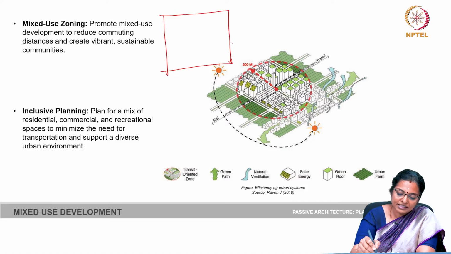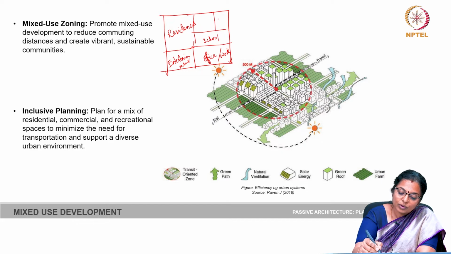When you have a master plan, if you have a policy which says that this area is completely residential, this is say residences, this is entertainment, this is office or work, and this is school, you have amenities, and these are sports facilities.